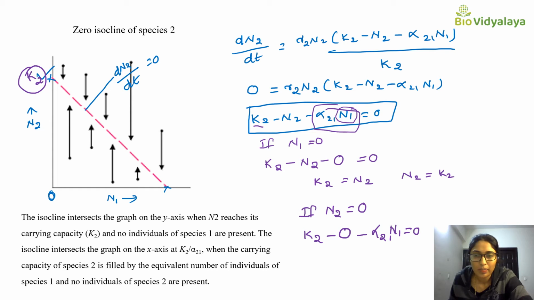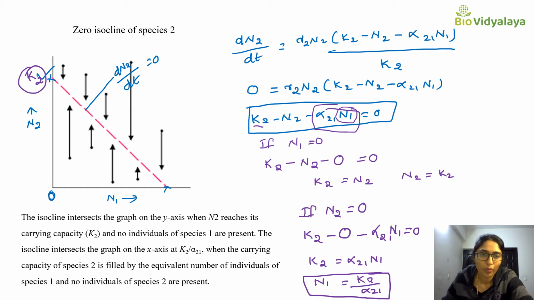That means K2 is equal to alpha 21 N1. So N1 is equal to K2 divided by alpha 21. So we got the point where this zero isocline is intersecting on the x-axis. That is K2 divided by alpha 21 when N2 is equal to 0.